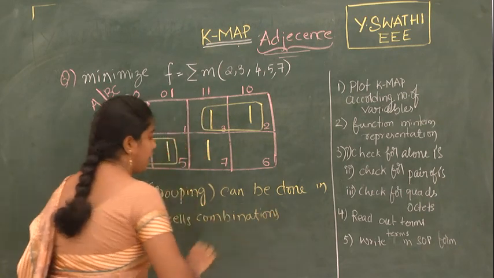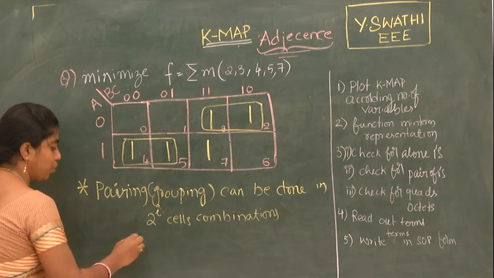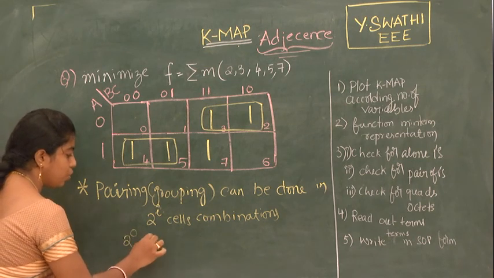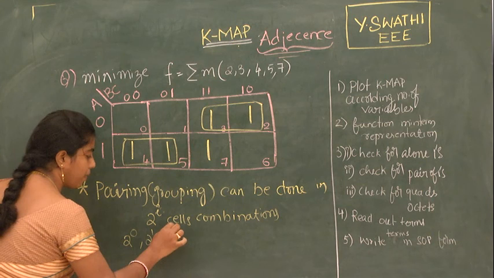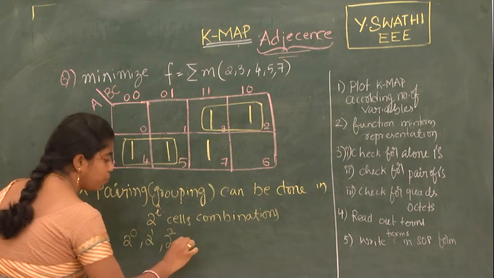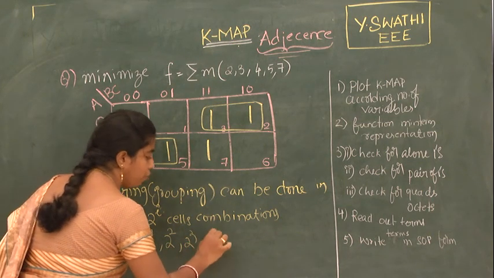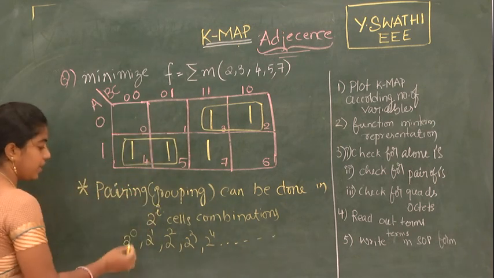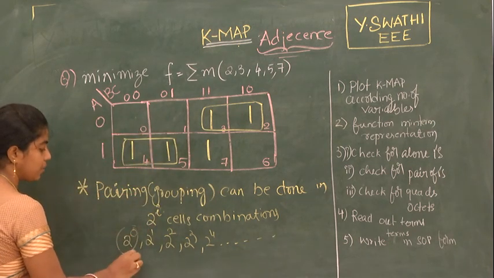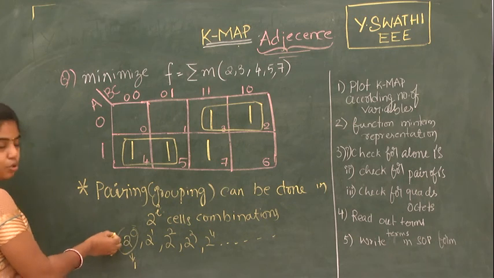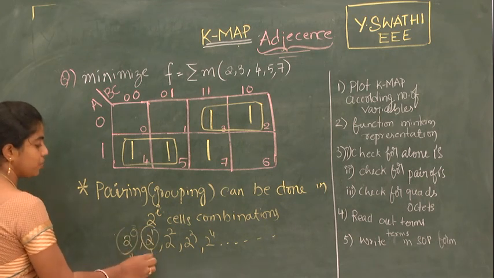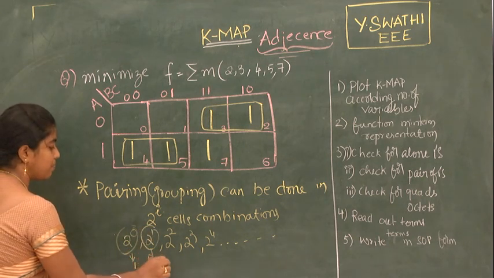Means the grouping should contain 2 power 0, 2 power 1, 2 power 2, 2 power 3, 2 power 4 and so on cells. 2 power 0 means 1, so alone ones will come in this group. 2 power 1 means 2, so we can call it a pair.